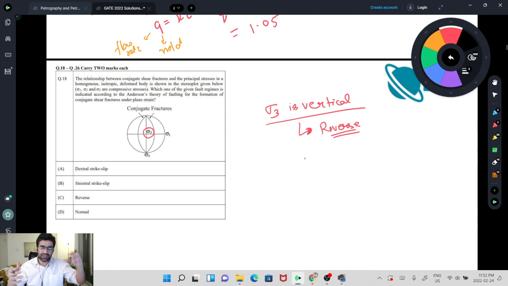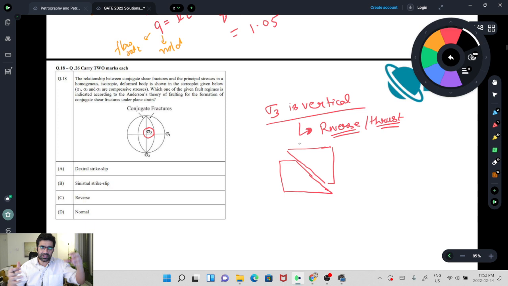Okay, and how do these conjugate fractures develop? So basically if you have a vertical fault, reverse, it could be reverse or thrust also. Okay, so in this case what happens is, if the faults are like this, sigma 3 is like this, sigma 1, which is maximum stress, is pushing from here.